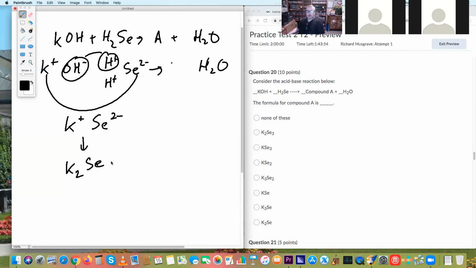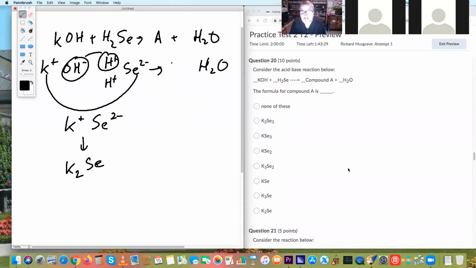And again, I know you might be saying, well, where'd you get the extra K from? Remember, we're only interested in balancing the compounds at this point. We could balance the reaction later to make that work, but presently all we're interested in is figuring out what A is. Whatever's on this side is always going to be neutral compounds, and you're going to have as many as you need in order to make that work. Does anybody have any questions?